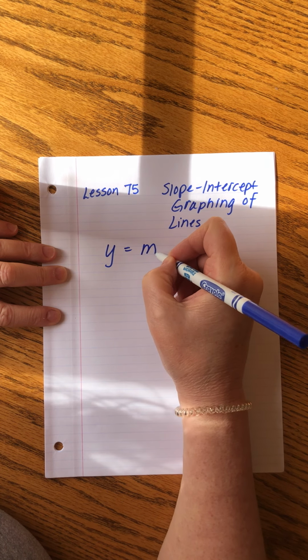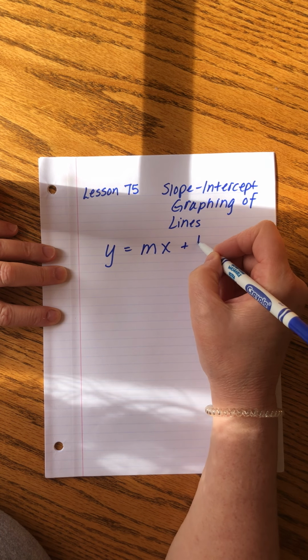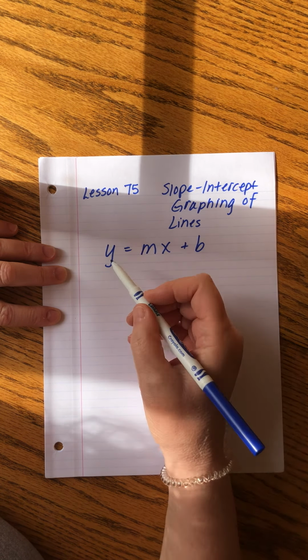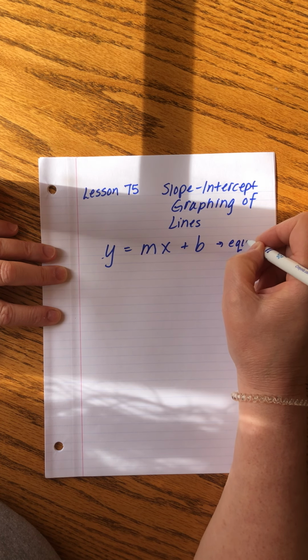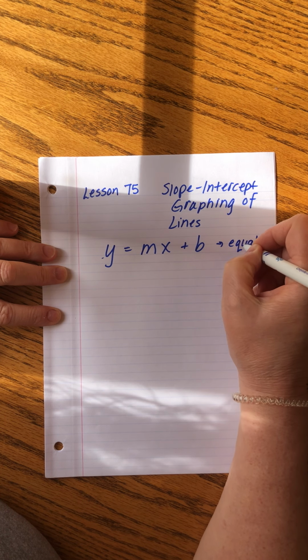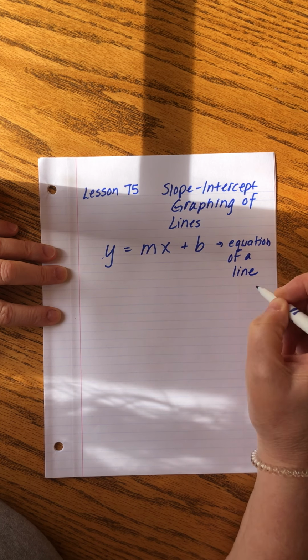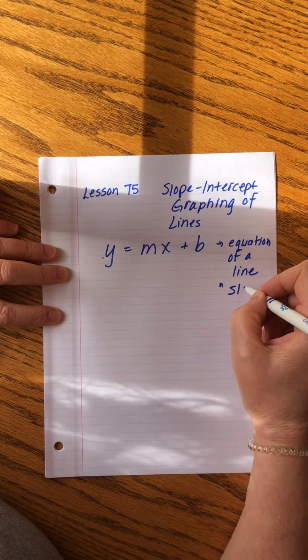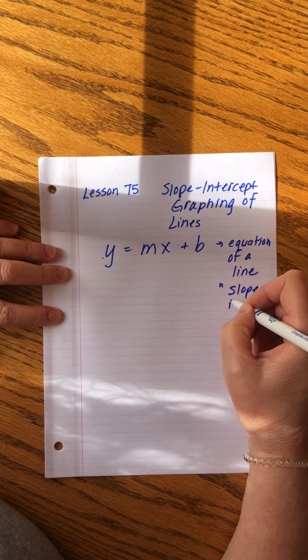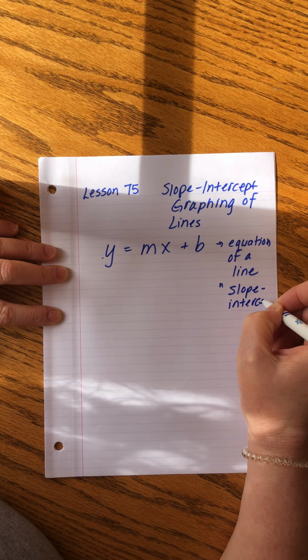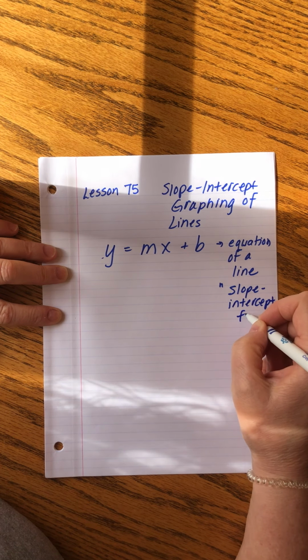We have something that's called the equation of a line. It always takes this format, y equals mx plus b. This is what we call the equation of a line, and then it has a fancy name. We call it slope intercept format, and I'll explain why.